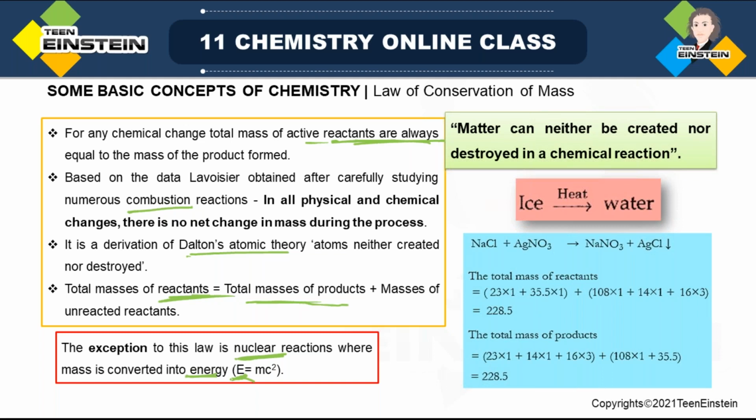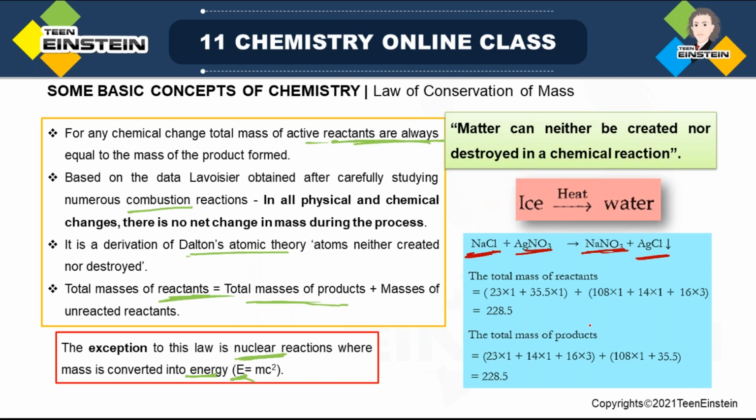Next example, we have a chemical reaction between sodium chloride and silver nitrate. It is producing sodium nitrate and silver chloride precipitate.